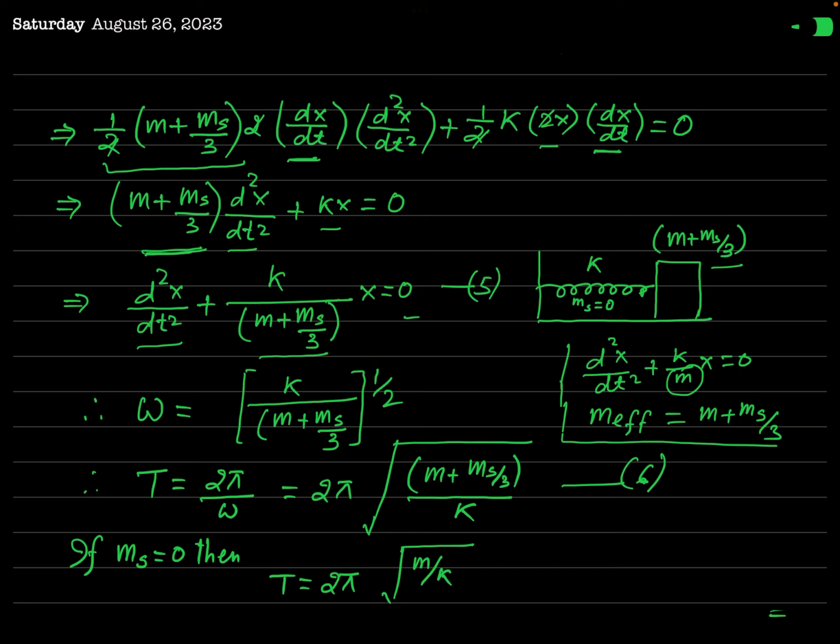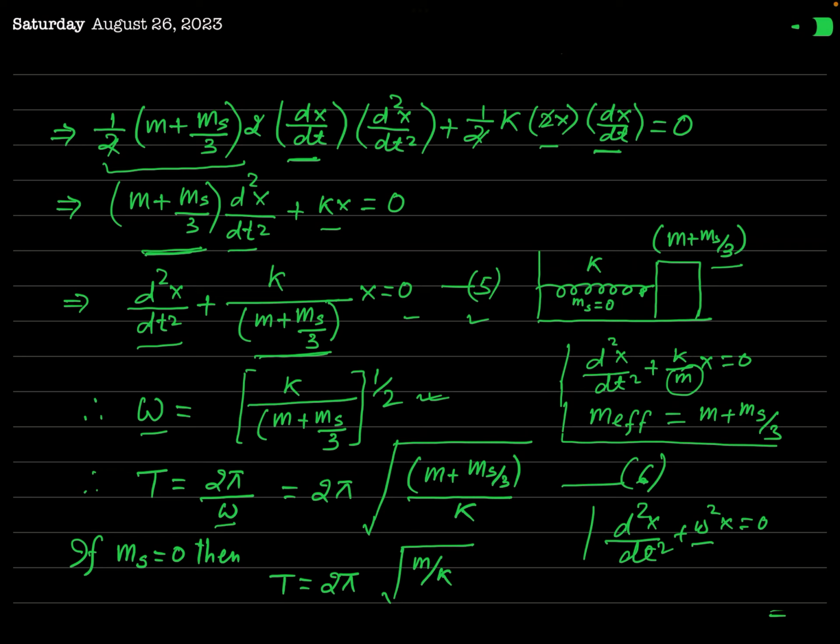Then this problem is just equivalent to the spring mass system having a massless spring. So in the place of m, we will write m + ms/3, and comparing this equation 5 with the standard equation of simple harmonic motion, d²x/dt² + ω²x = 0, here in the place of ω² there is k/(m + ms/3). So ω is equal to this much, and you know time period is 2π/ω.